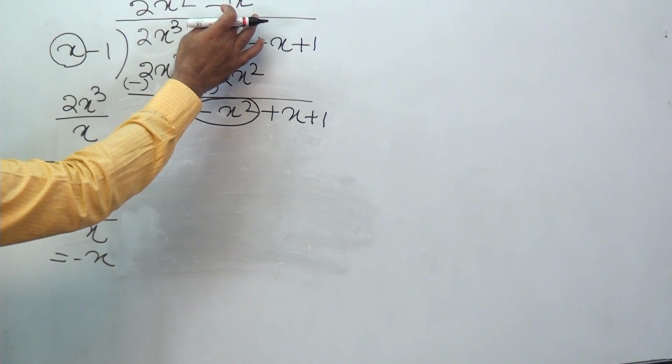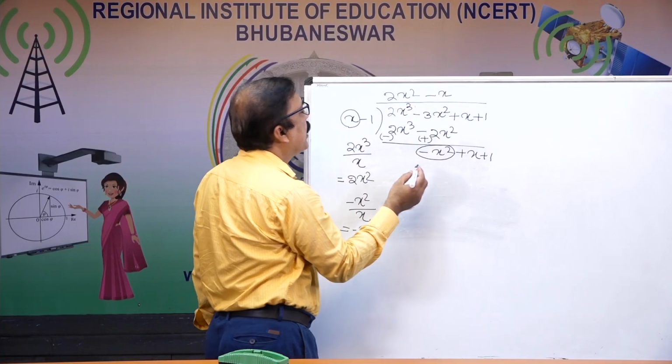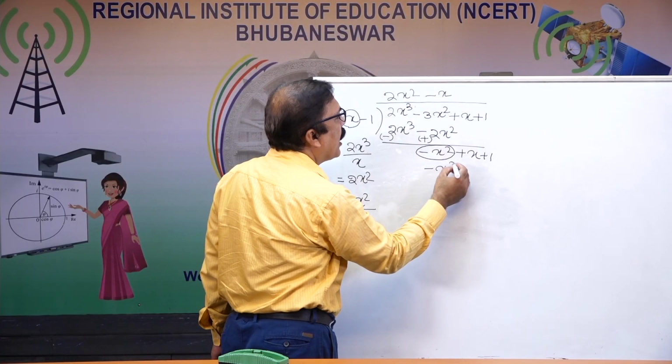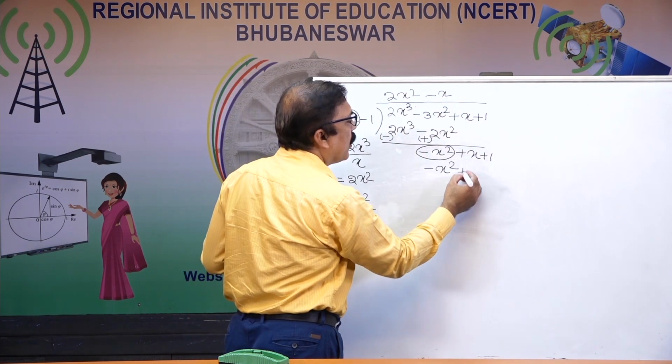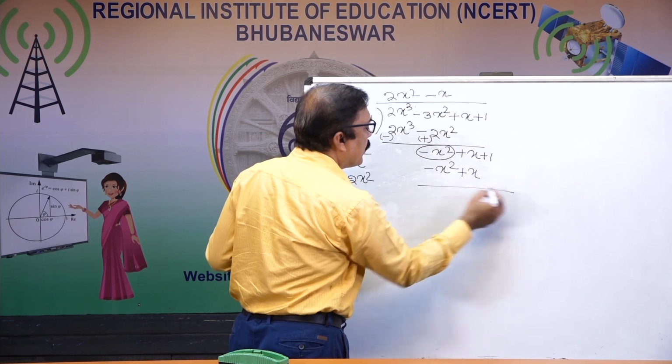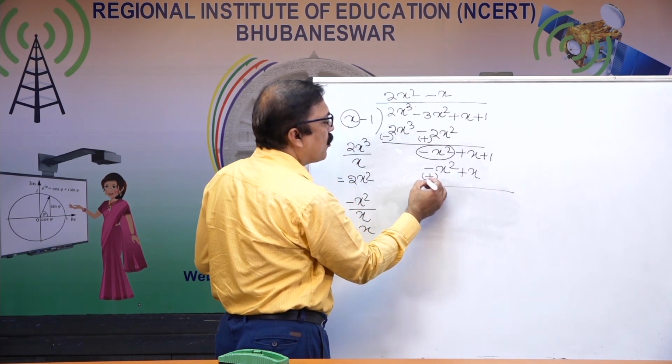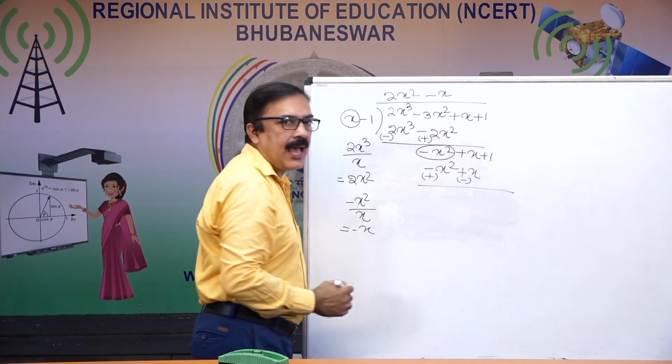So minus x into x gives minus x square. Minus x into minus 1 gives plus x. Now subtract. To subtract, we have to change the sign.